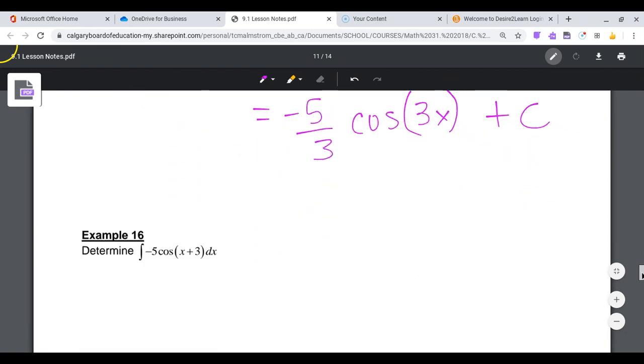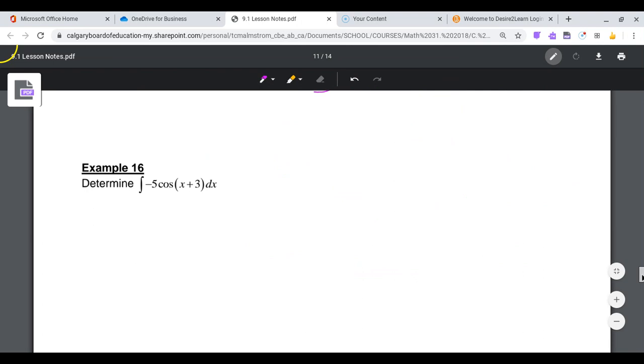Okay, example 16. Again, we could let u equal x plus 3, but we're not going to need to do it because the exponent on the x is 1. So as long as that exponent on x is 1, we don't need to use the substitution rule with this trig function. So I'm just going to call it big F of x, and remember that negative 5 can very easily be written in front of my integral sign.